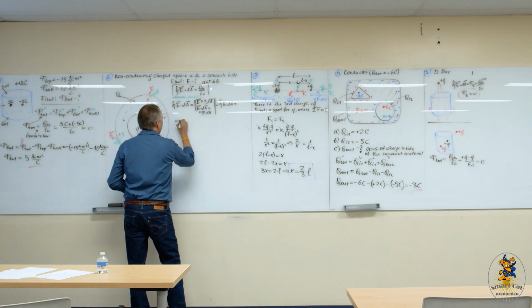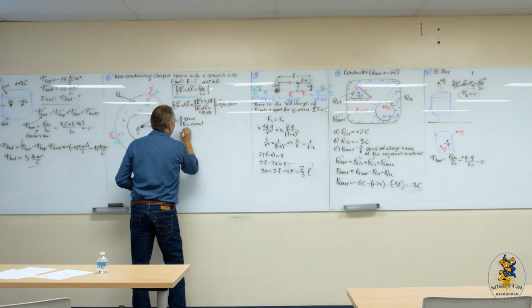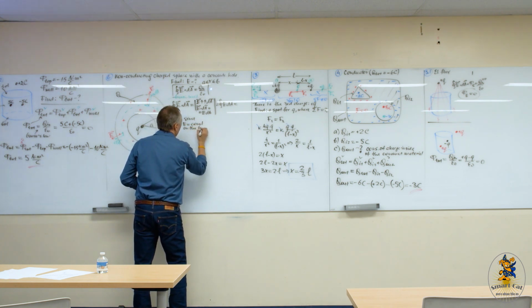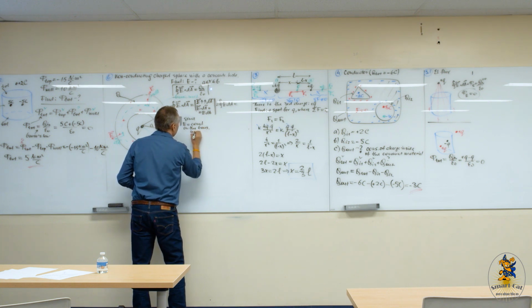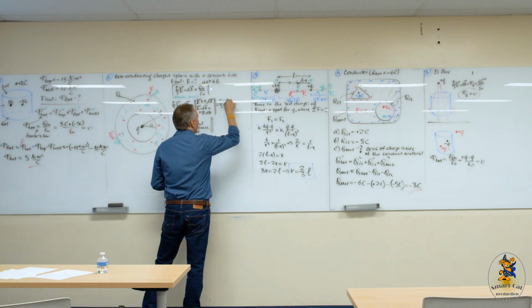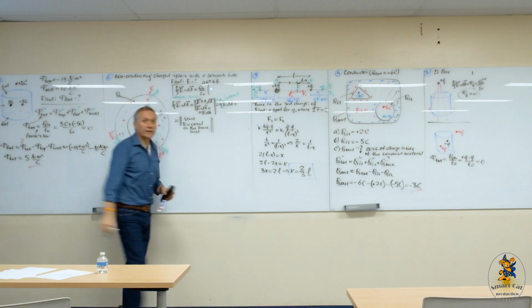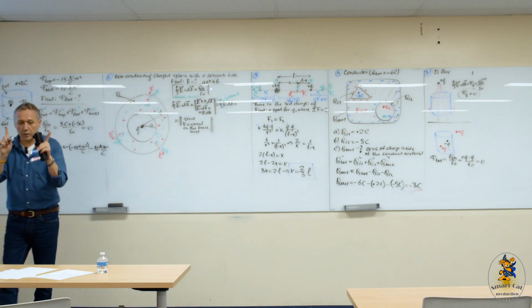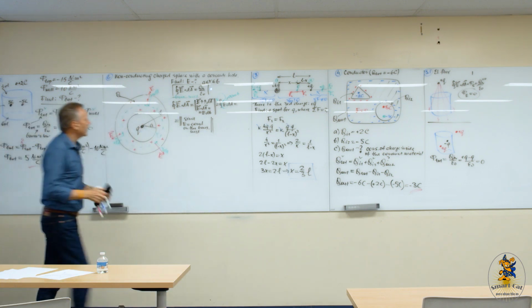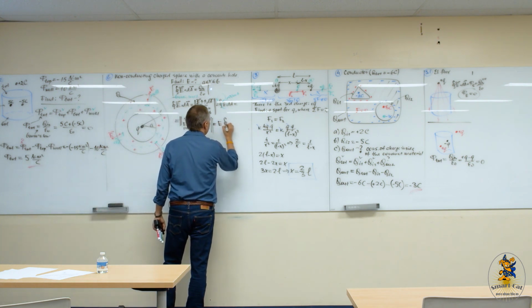So now I can open another explanation box and write: since the electric field is constant on the Gaussian surface, I can extract any constant factor from inside the integral easily. So I can write it equal to the electric field times the integral over the Gaussian surface of dA.